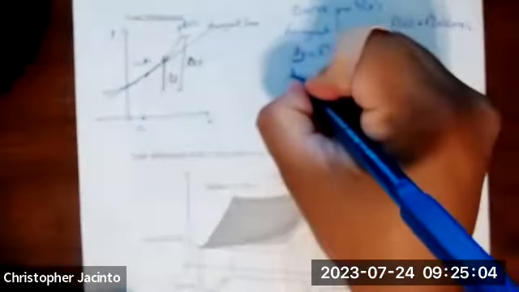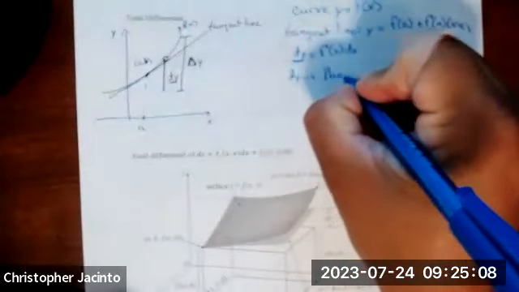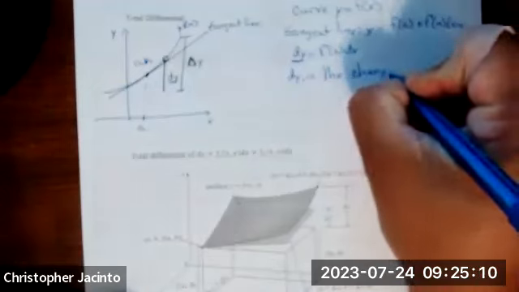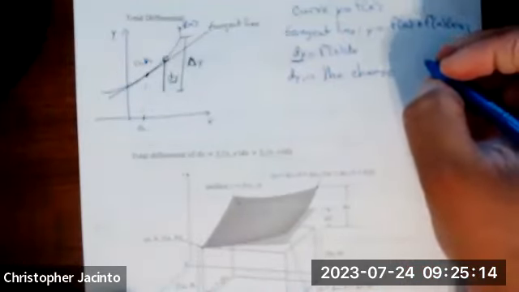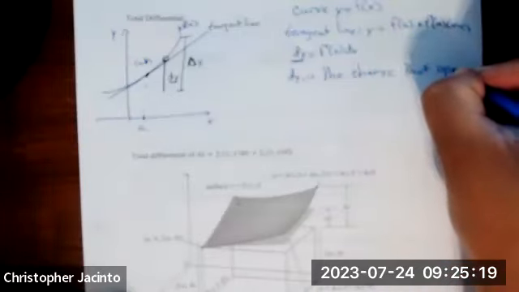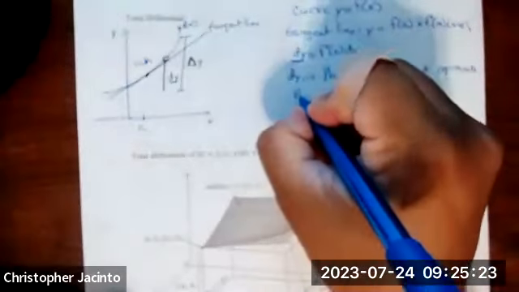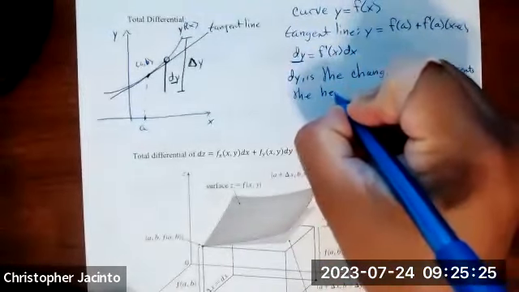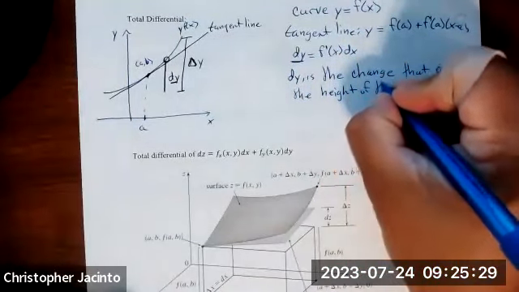So dy is the change that represents the height of the tangent line.